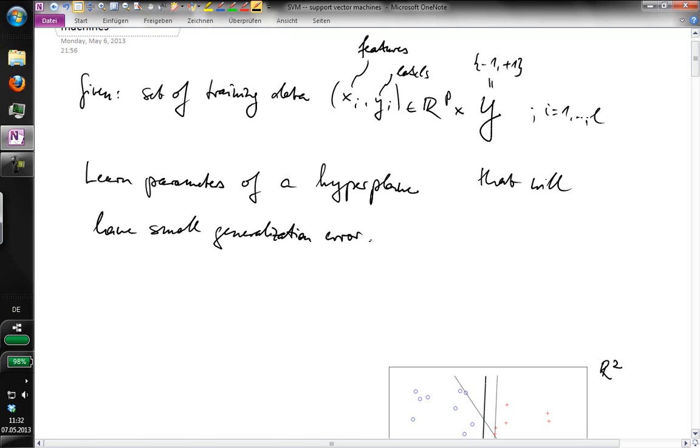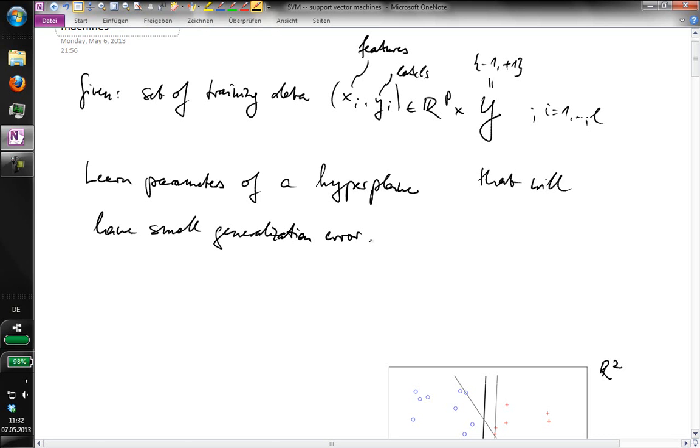So I want to automatically extract from the training set the rules, which are here encoded or expressed just in terms of a linear decision boundary. And if I have learned this rule well, then it will allow me to make valid predictions on future samples X that come from the same source.